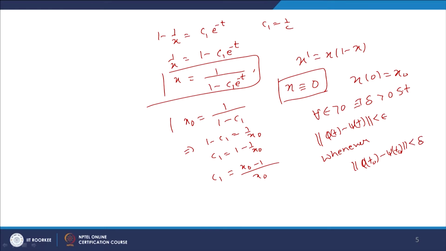Basically, it is an epsilon delta game. You give us an epsilon and we need to find out a delta such that this happens.